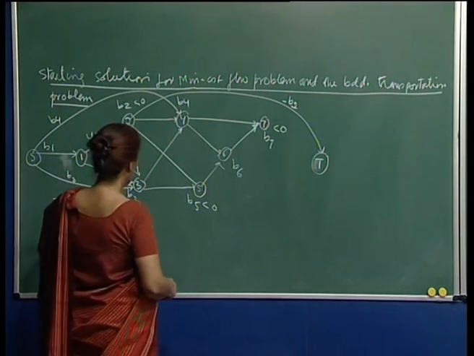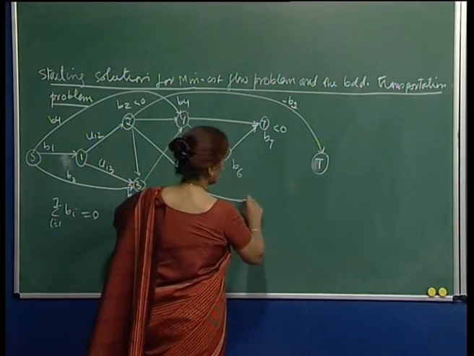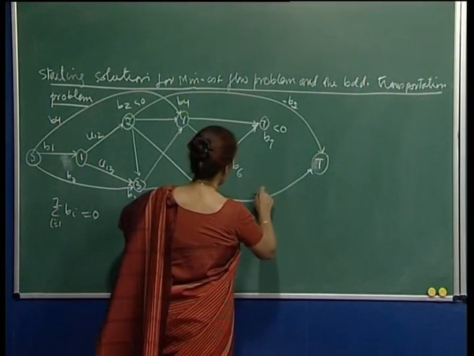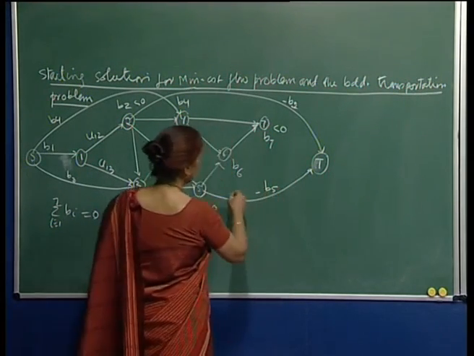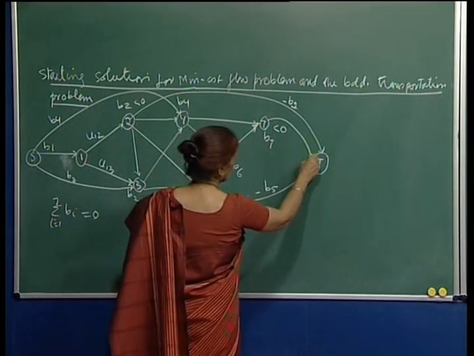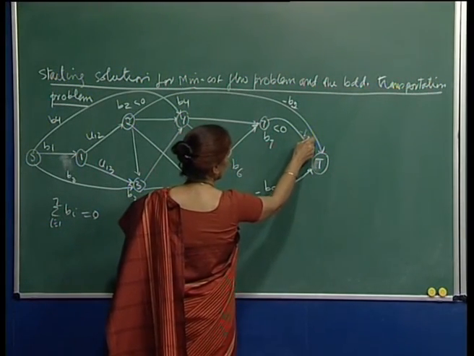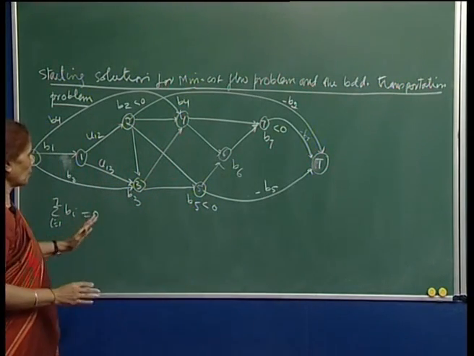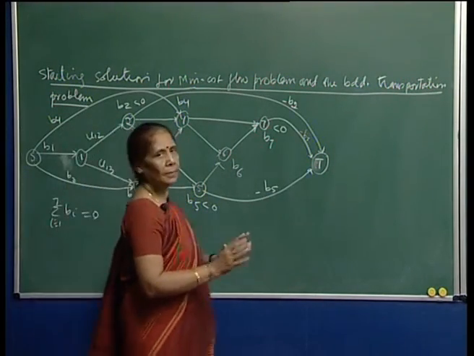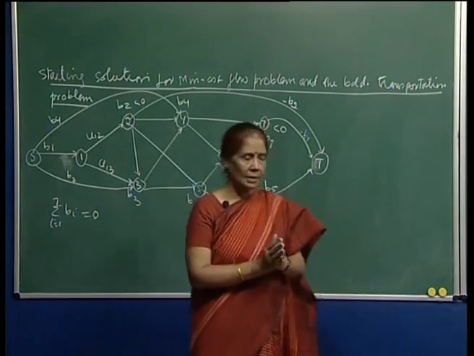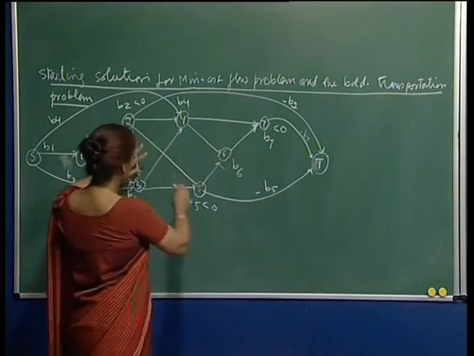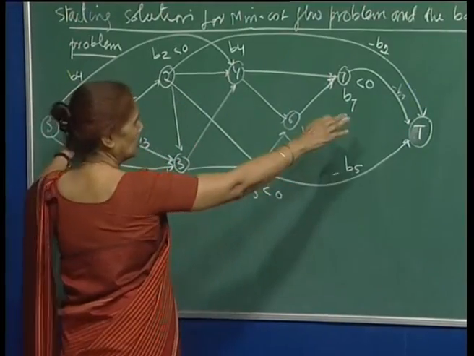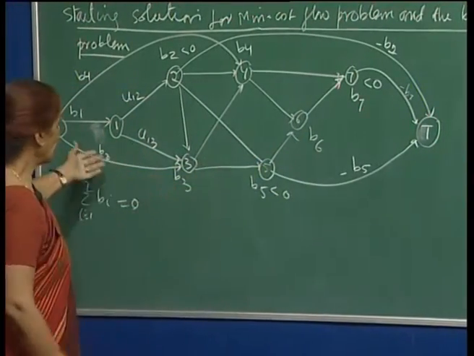Then you have b5, with capacity b5, and finally minus b7. So, you see that this is now a max flow problem, because I am ignoring the costs here, or the capacities as given to you in these arcs. For the new arcs that I have added, I have defined the capacities.